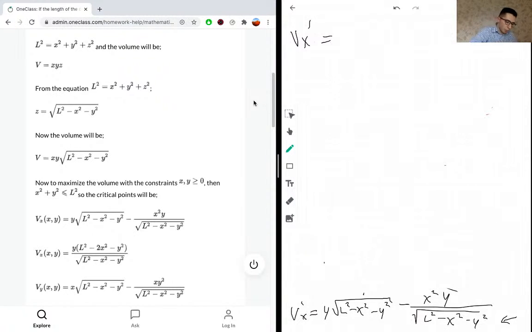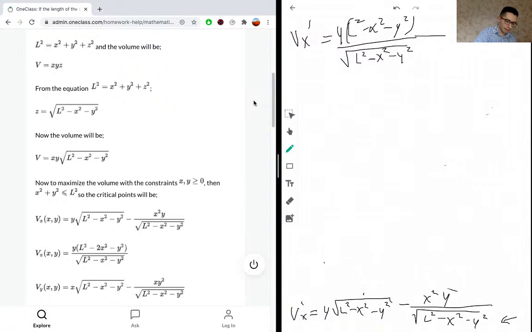So we know the top will be, because we're multiplying square roots, it'll just be the bracket L squared minus x squared minus y squared. And then the bottom will just be the same, square root L squared minus x squared minus y squared.